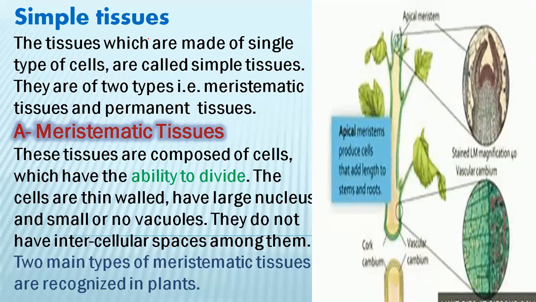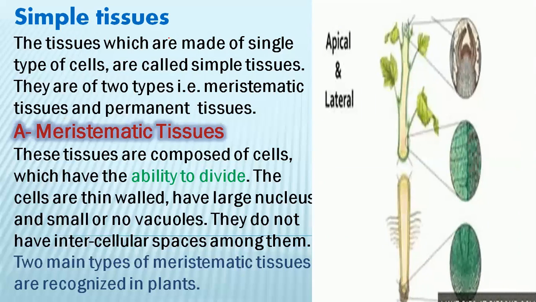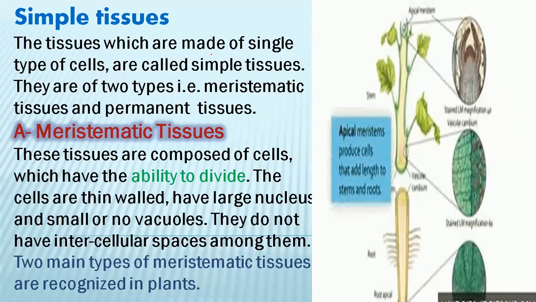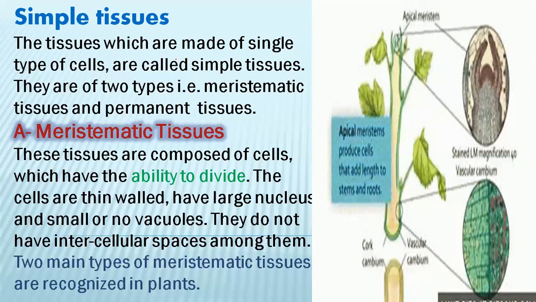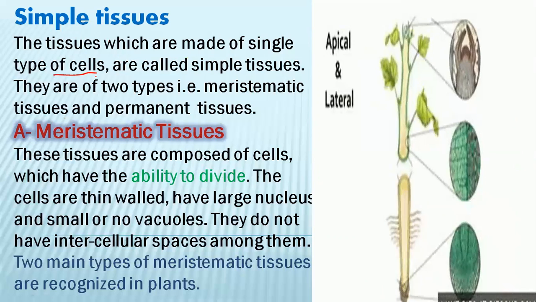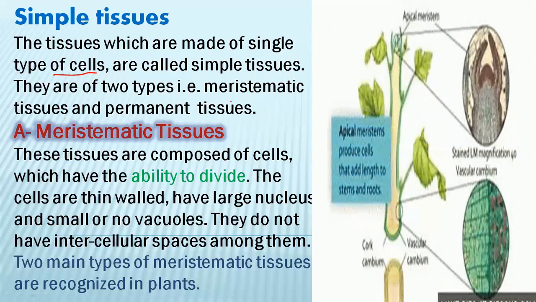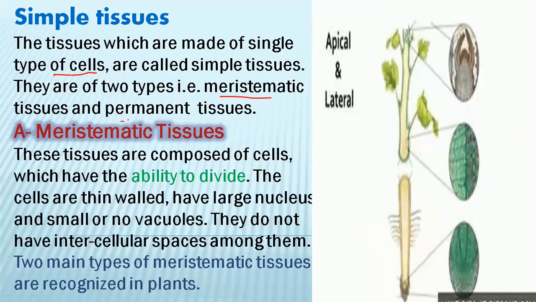First we'll talk about simple tissues. Simple tissues are made up of only a single type of cell, where all the cells have the same structure and the same function. The two types are meristematic and permanent tissues.